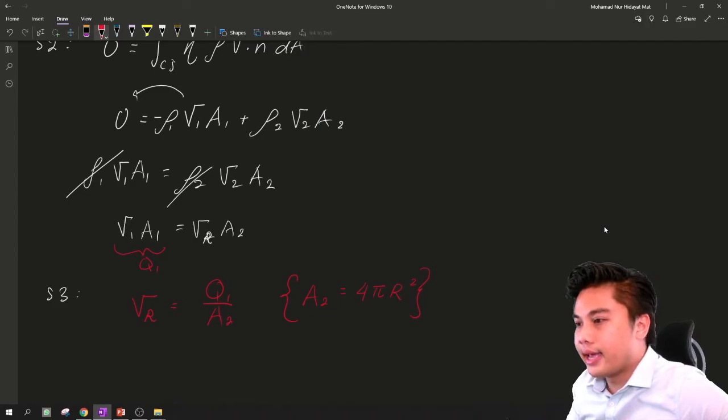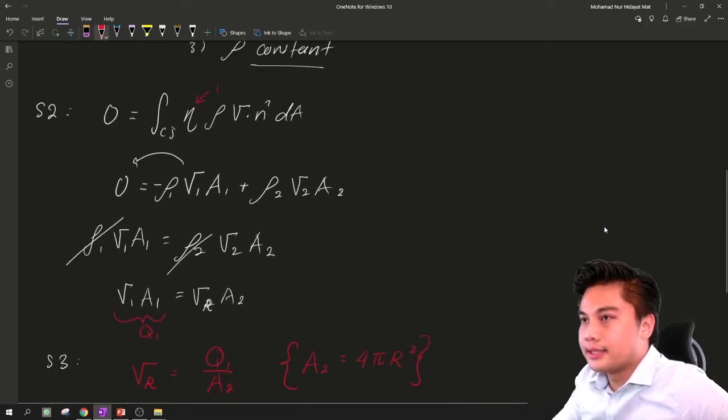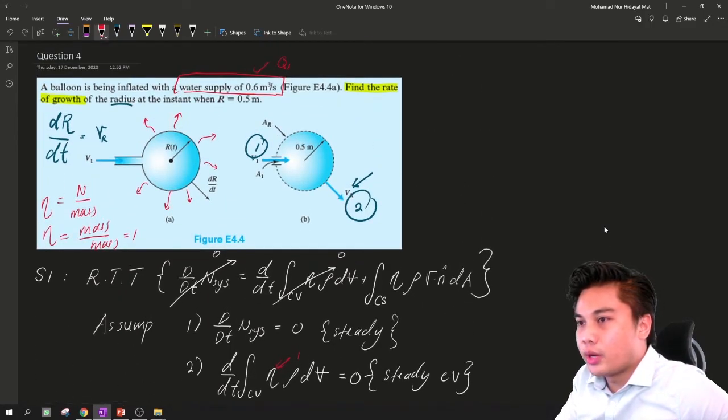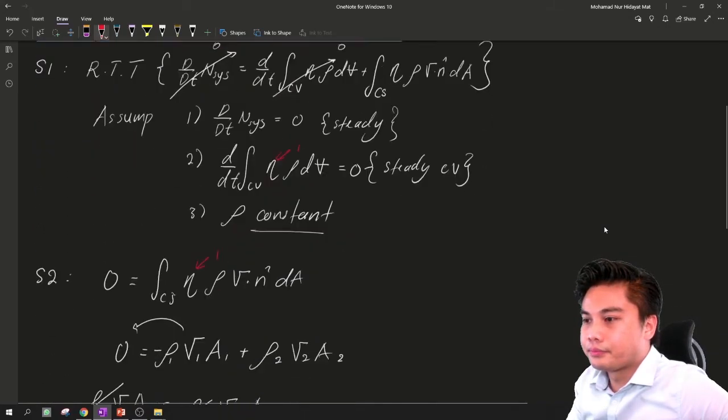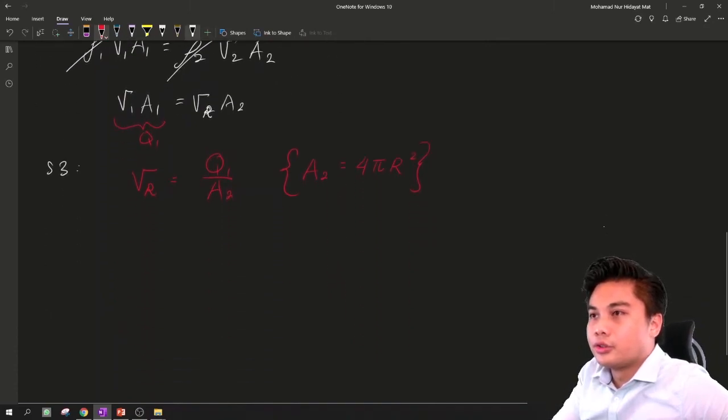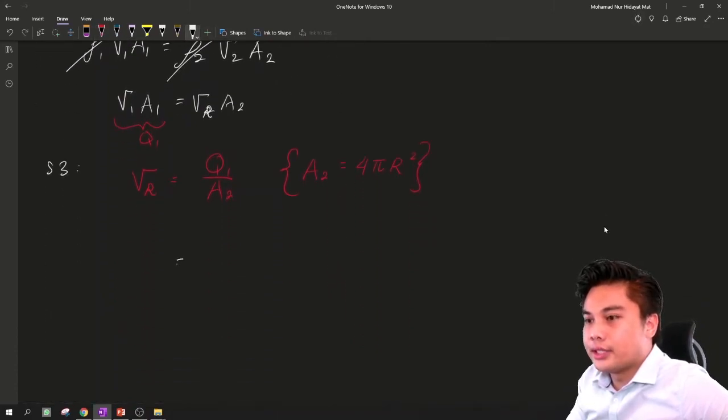Alright, this is the area of the sphere, because we consider this one as the area of the sphere. So just substitute into the equation.